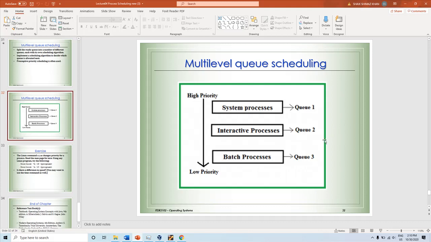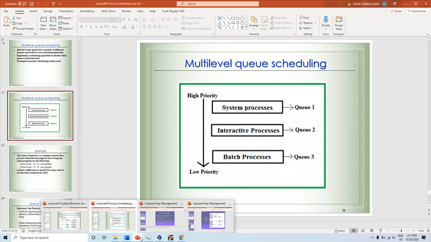Which queue would get the precedence first? That would be decided by another level of scheduling algorithm, called the priority scheduling algorithm. This priority scheduling algorithm would control these 3 queues, and each queue would have its individual scheduling algorithm. Is it clear? This is what I wanted to discuss in this lecture.